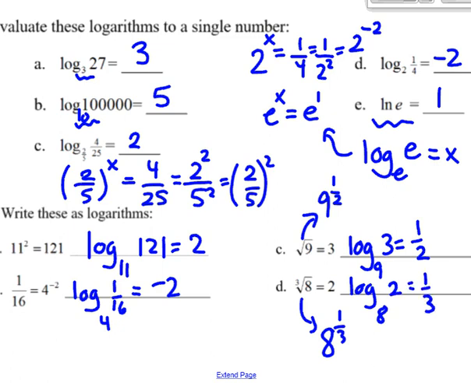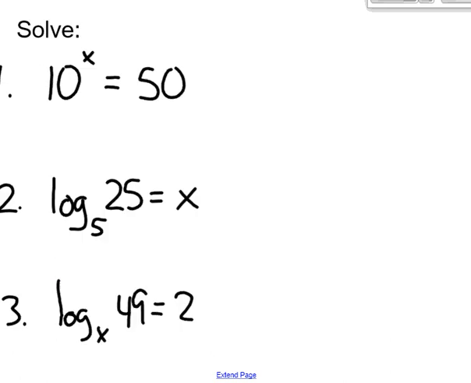Last thing we need to do is to solve. If you have to solve 10 exponent x is equal to 50, because you're looking for the exponent, you have to think, I'm going to turn this into a log, because I know log is equal to my exponent. My base is what's at the bottom of my exponent, and my other number will come here.